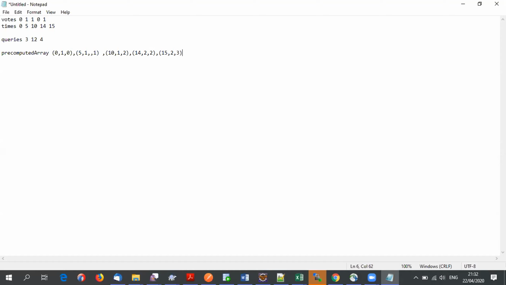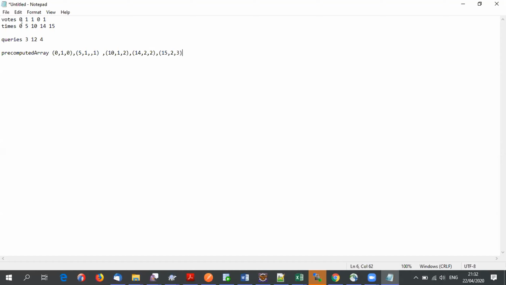What I was trying to say is we have the votes given like this, and the corresponding times in this array, and we are querying for 3, 12, and 4. So we can pre-compute an array of times with the corresponding votes to the 0th candidate and the first candidate. At t equals 0, we have the first vote to the 0th candidate and no vote for the first candidate.